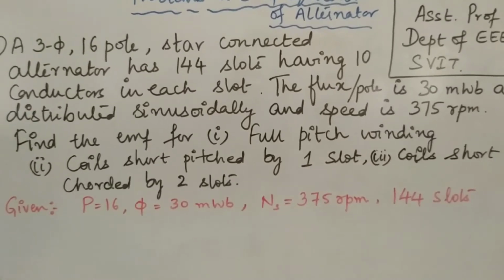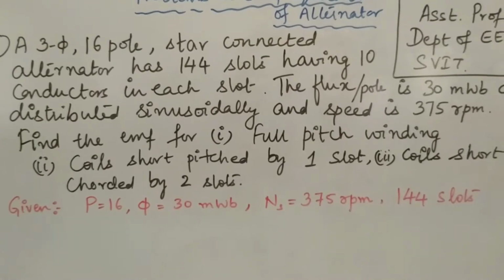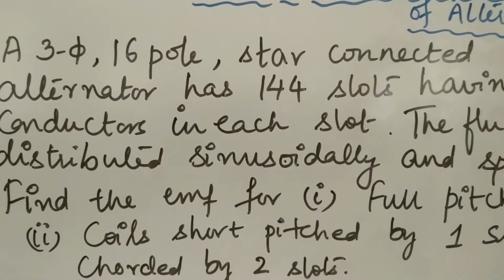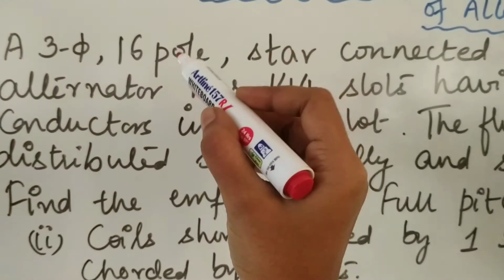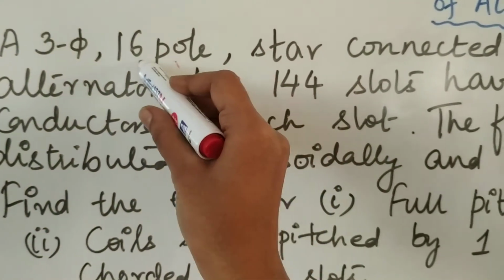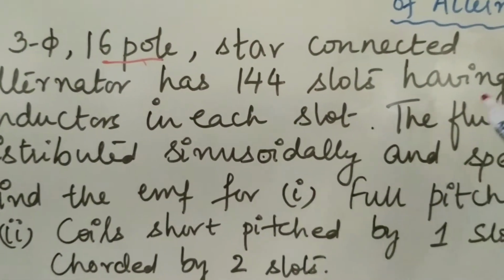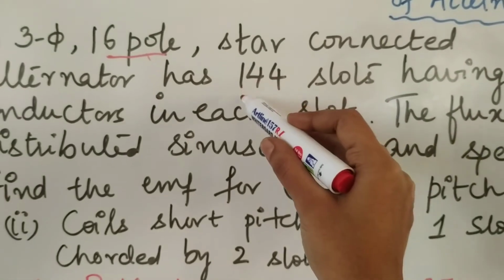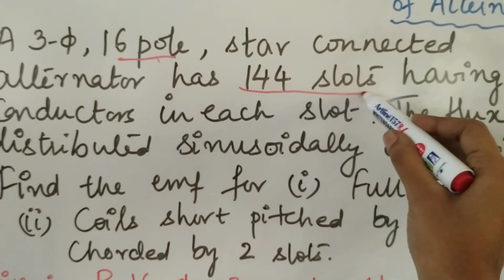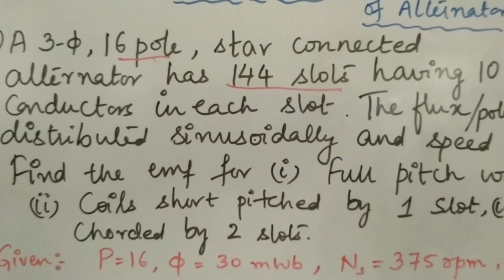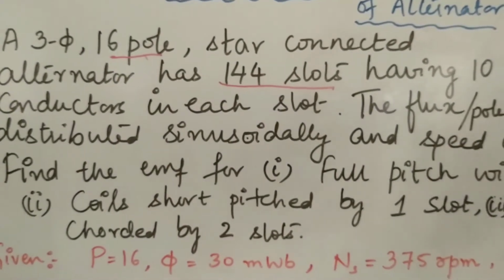So let us see the given data. It is a 16 pole, star connected alternator with 144 slots, and 10 conductors in each slot.